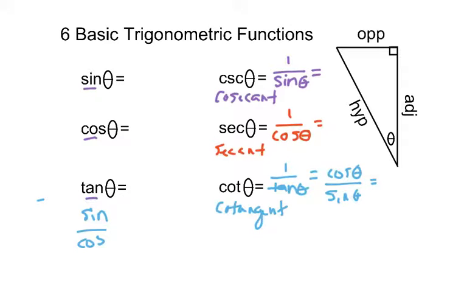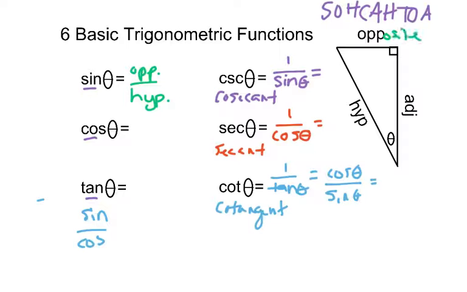So, the idea here is that we're going back to SOHCAHTOA. And so sine is equal to opposite over hypotenuse. And so we've got our opposite side here, our hypotenuse here, it's across from the 90 degrees, and the adjacent here.